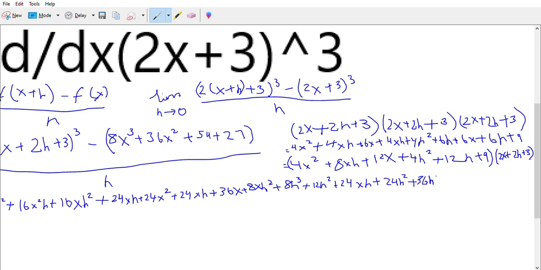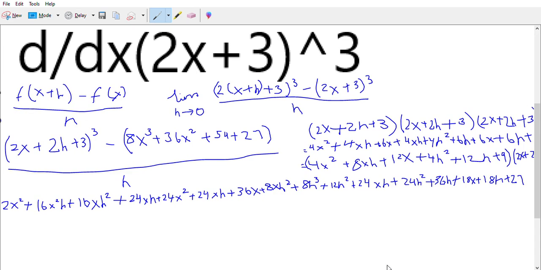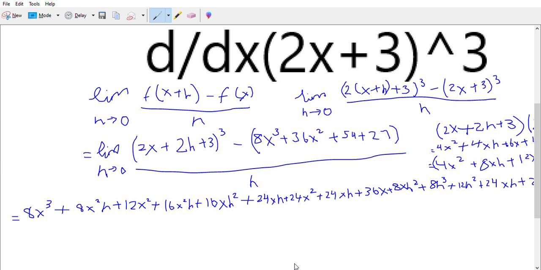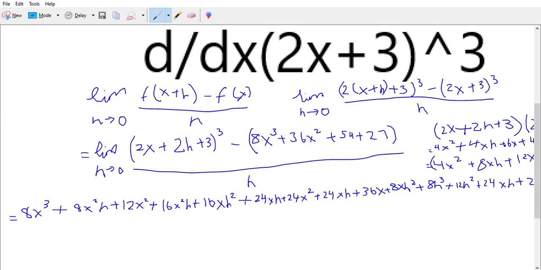Now, 9 times 2x is 18x. 9 times 2h, 18h. And then 9 times 3 is 27. So that is the entire term when distributed. Of course, there are a lot of like terms to add, which is what will be done next.